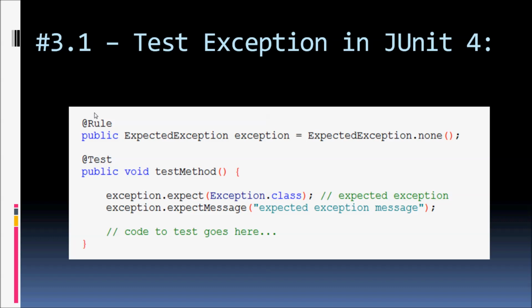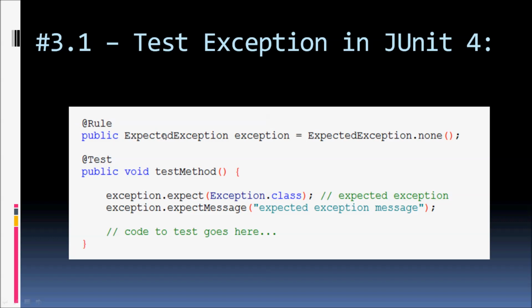And the third way to test exception in JUnit is to use the @Rule annotation with ExpectedException class in JUnit 4. As you can see, we declare an object of type ExpectedException with the @Rule annotation here.